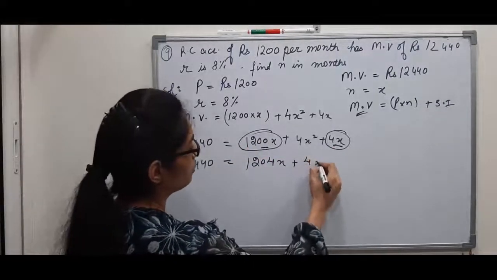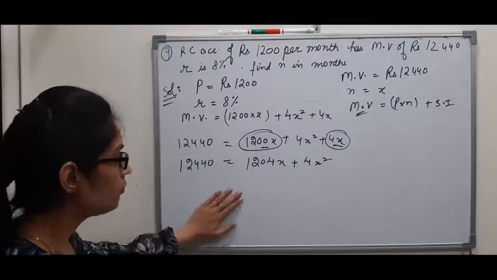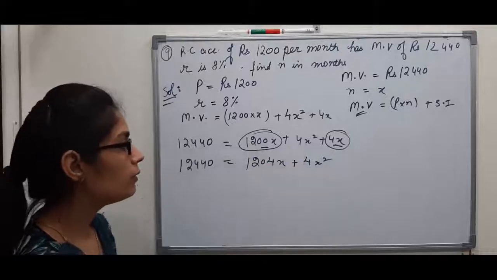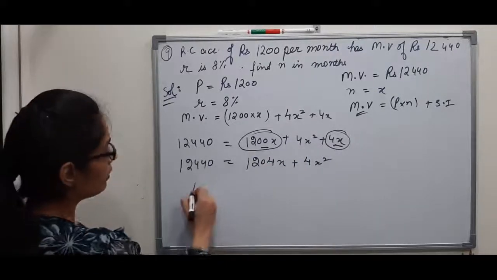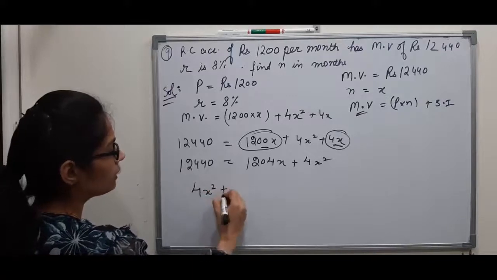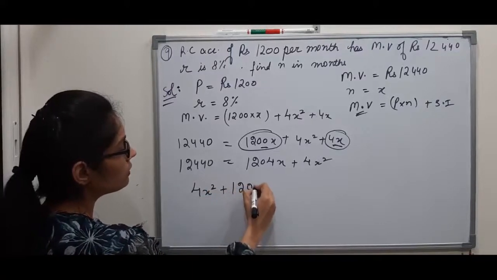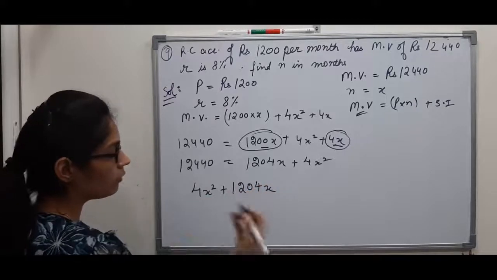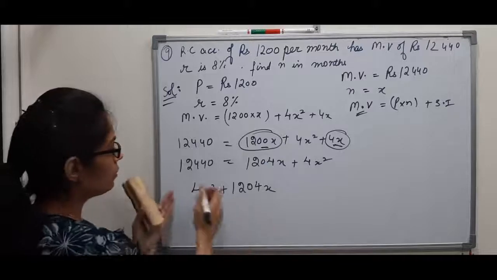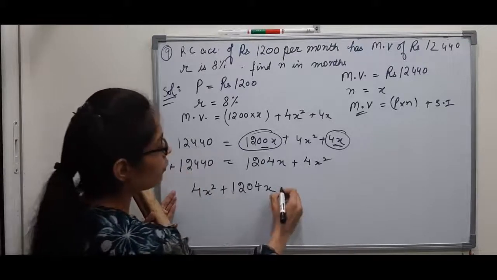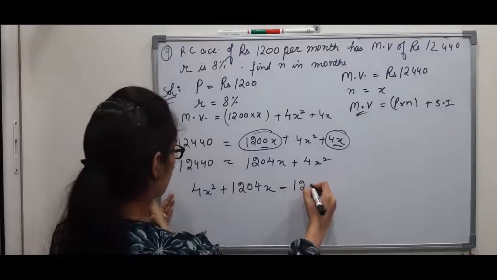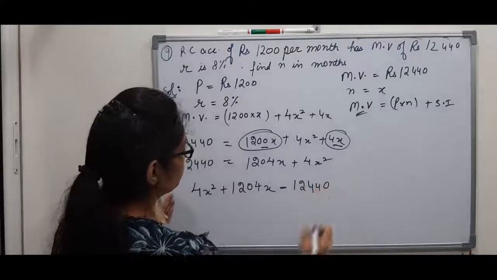So now I got this. I will shift this to this side because I can see I have got a quadratic equation. So I will rewrite it as 4x square plus 1204x. This number I will shift to the other side. Shifting, this positive number will change into minus 12,440.